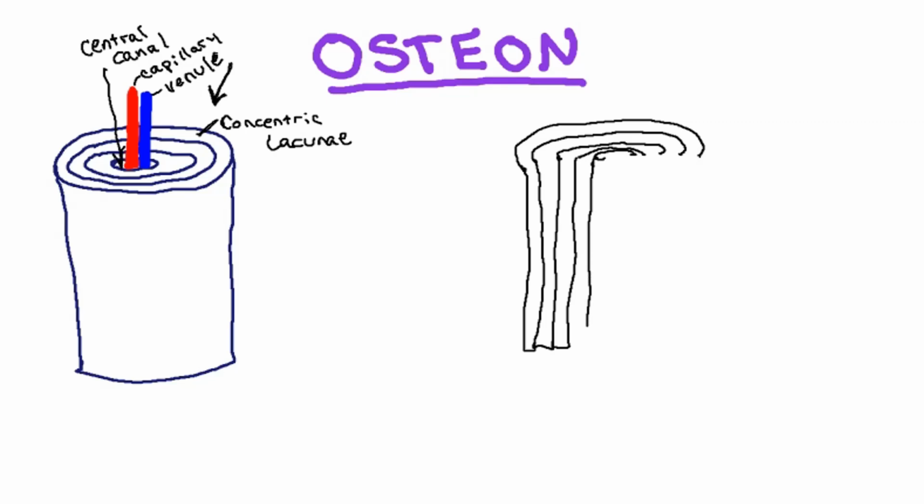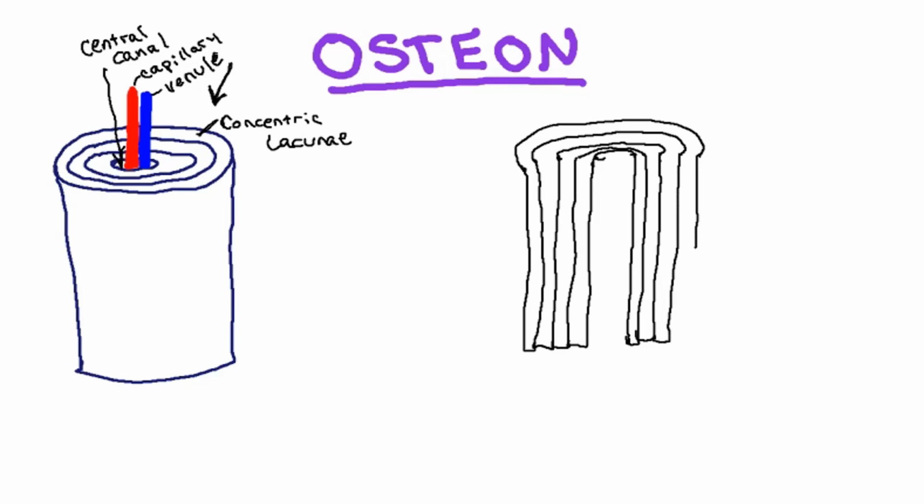Here's another layer of lamella. And then in the center there, there's the central canal. So here is the other side, the layers of lamella. And this is if I were to cut this osteon in half long ways so we can see into it. So here would be the venule going down the central canal. And here would be the capillary going down the central canal.